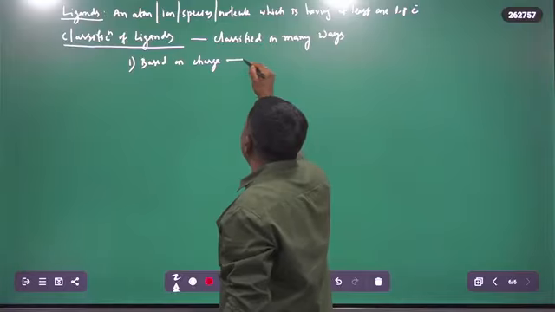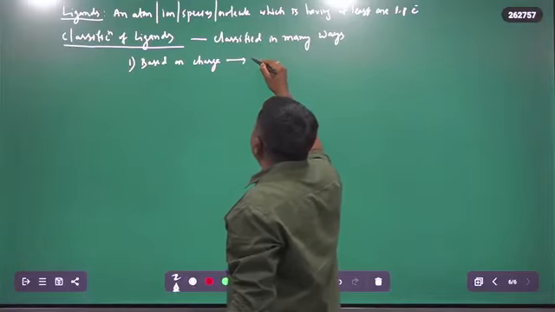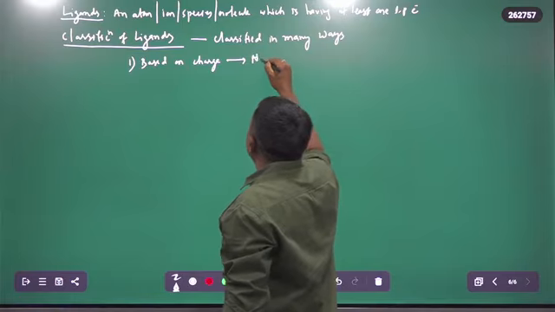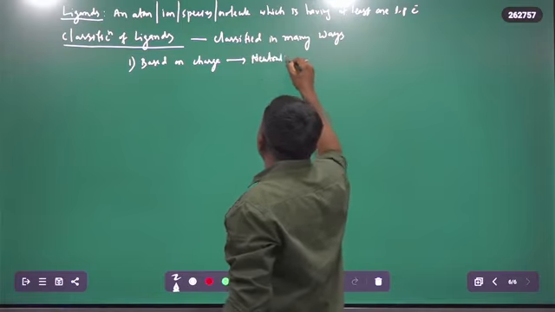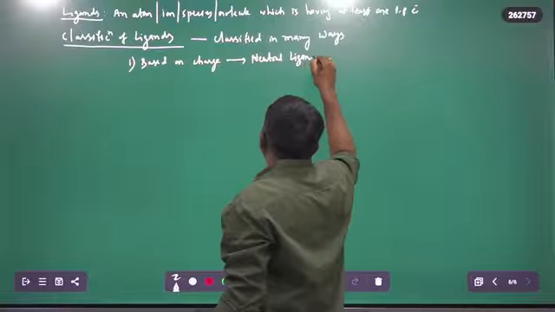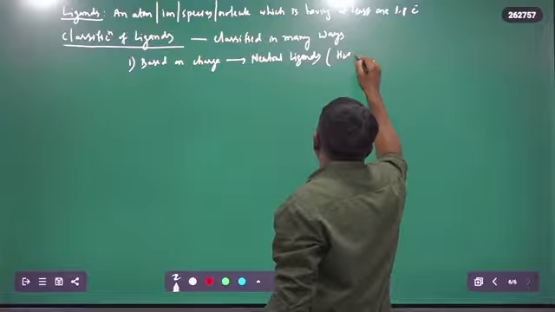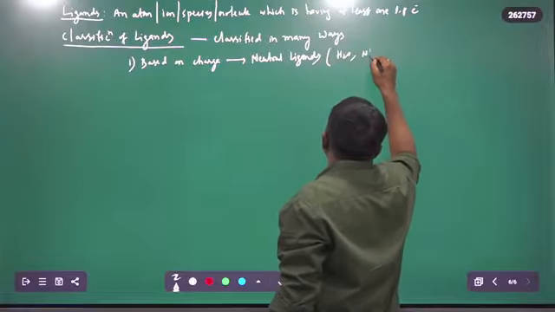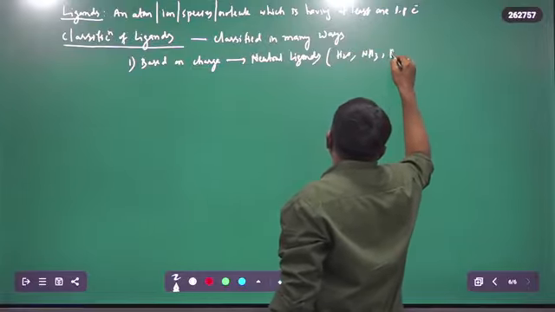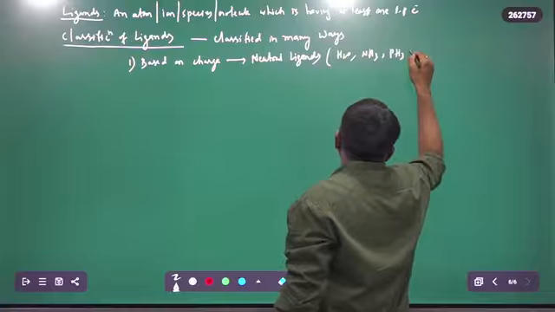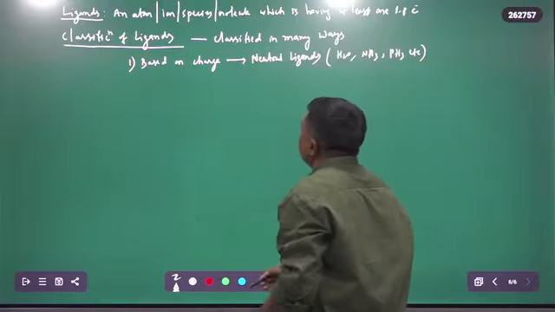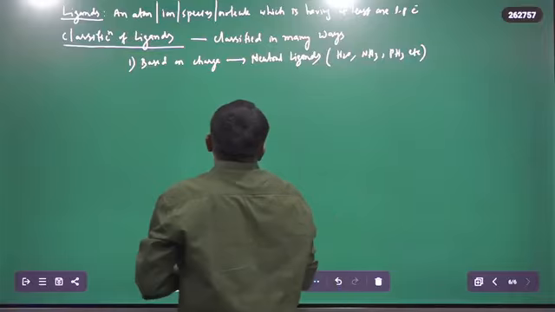Ligands are classified into neutral ligands. Neutral means, for example, H2O is a neutral ligand, NH3 is a neutral ligand, PH3 is a neutral ligand, etc. They are neutral ligands.